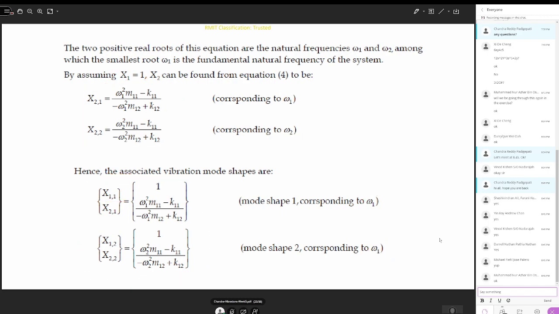Always the first displacement we take as 1, then the second displacement we calculate in terms of the amplitude 1 here. The same way for the second frequency also. So this one is for omega 2. All right, so this expression is important for you.